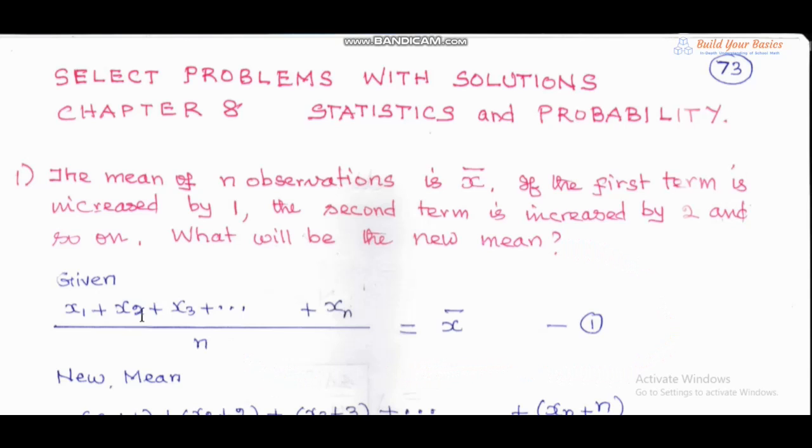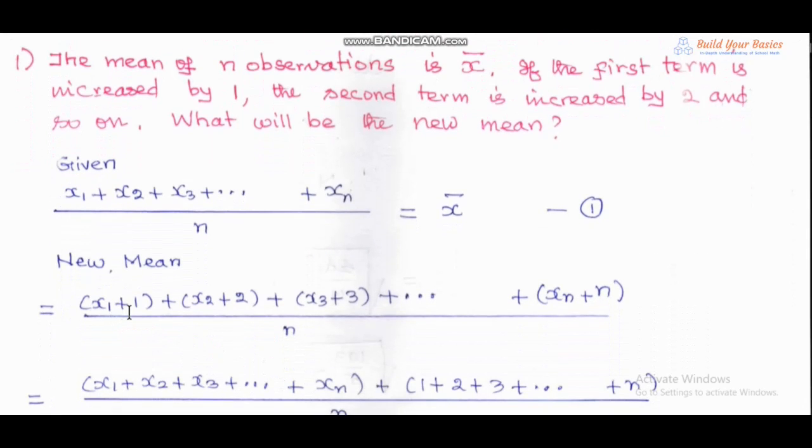Given x1 plus x2 plus x3 plus dot dot dot plus xn whole divided by n equal to x bar. Equation 1. New mean is x1 plus 1 plus x2 plus 2 plus x3 plus 3 plus dot dot dot plus xn plus n whole divided by n.